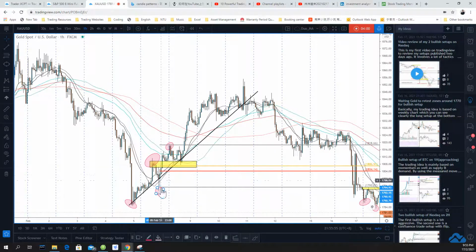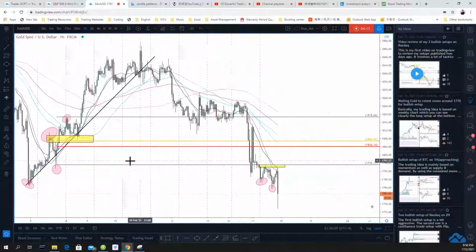And the second reason is, just look at this fib, right? It retraces to the 50% Fibonacci retracement. So this is a very nice bullish setup here.